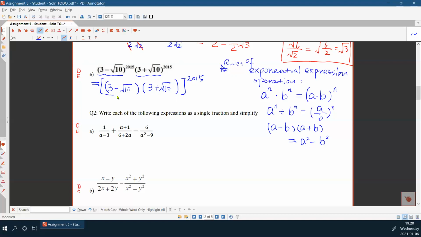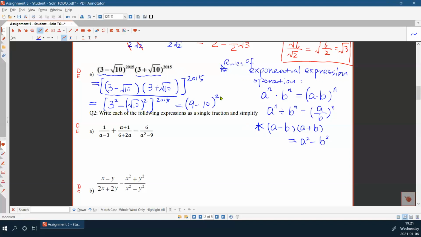Okay, so we can calculate this one first, which gives us a minus b times a plus b. According to this formula, it should be a squared minus b squared, right? And this one as a whole to this power. And what's left in the brackets? 9 minus 10, right?